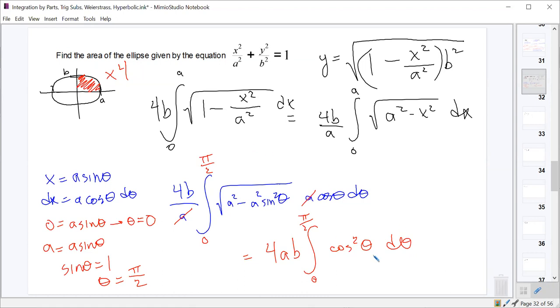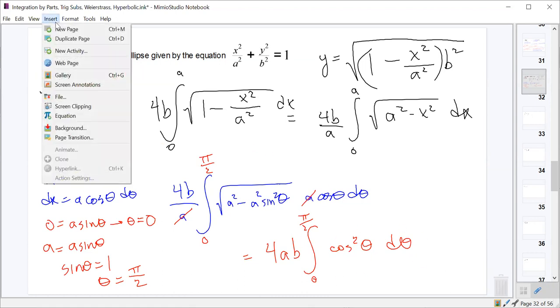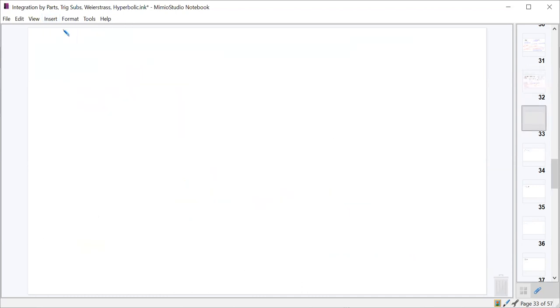Cool. All right. How do we integrate cosine squared theta? Good thing we talked about this a couple days ago. Using the power reducing formula. All right. So the power reducing formula says it should be 1/2. So I'll just pull that 1/2 out right now.